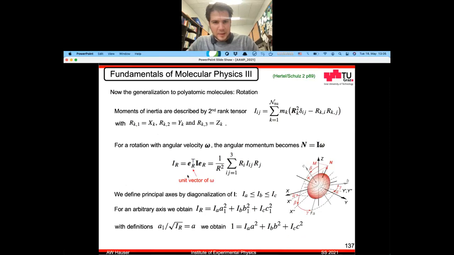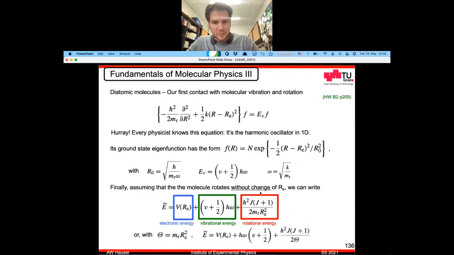Let me go quickly back to where we spoke first time. See, so this part here, in the diatomic case, the moment of inertia is simply this reduced mass times r squared, right? So this would be the moment of inertia for this diatomic system.